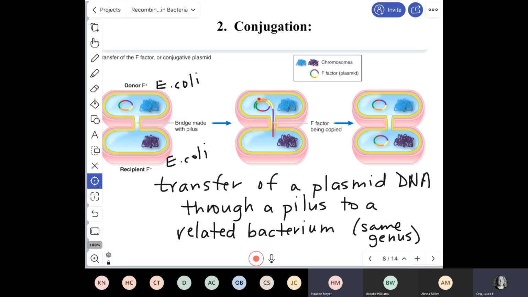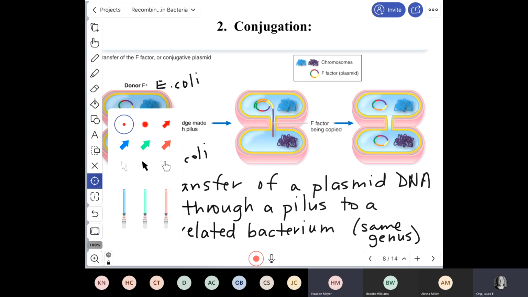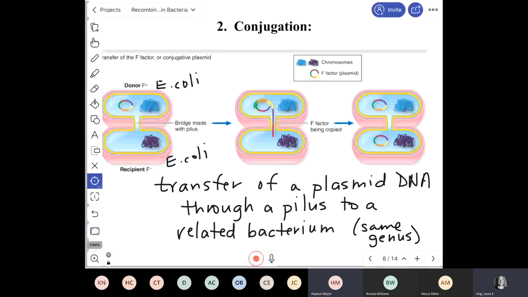How does the pilus get created? Does it just kind of pop up? No, it's kind of expensive to build a pilus, and bacteria don't just build them randomly. They have to sense the presence of a nearby cell.